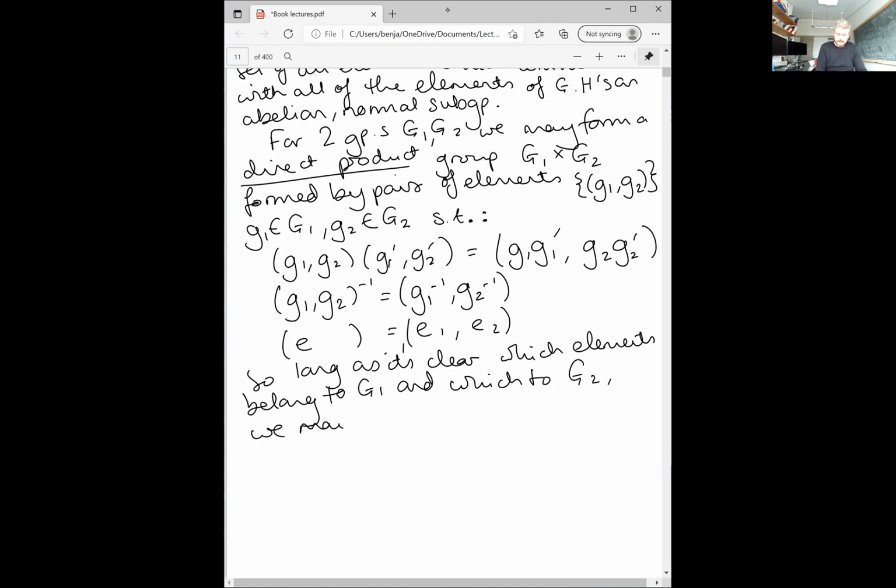We may write pairs as just g1 g2, instead of the brackets and the comma. So for finite groups, the order of the direct product is just the product of the orders.